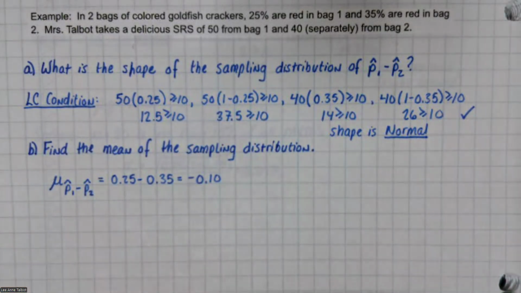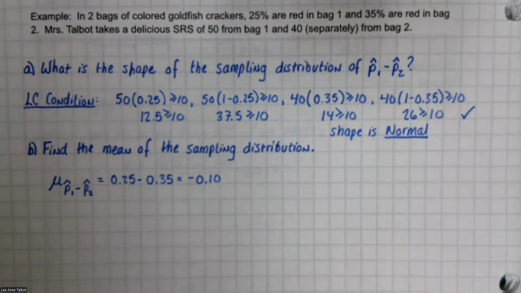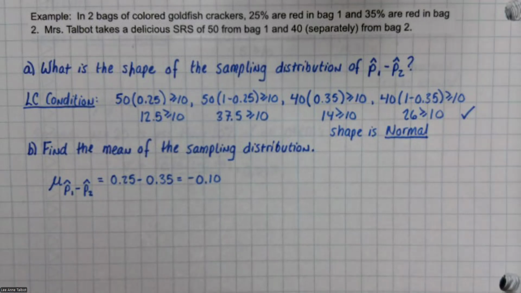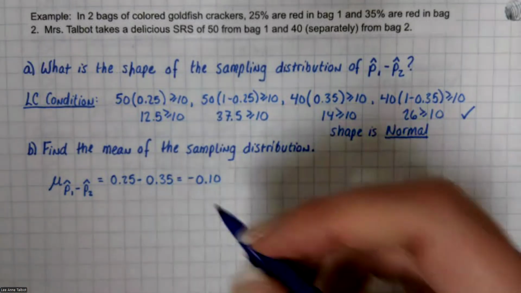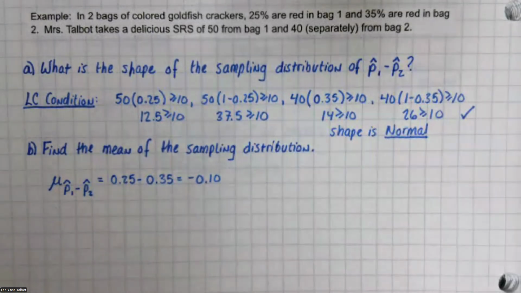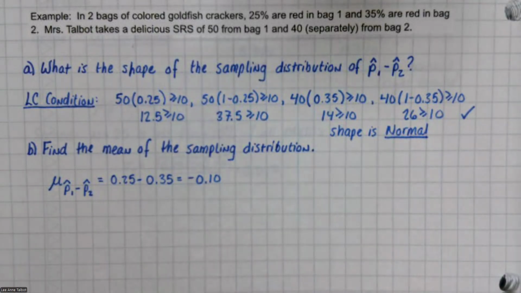Don't freak out that there's negatives. Remember, we're doing differences. It just means that there's more red ones in bag 2. Not a big deal. Any questions before we move on? You guys good? You sure?